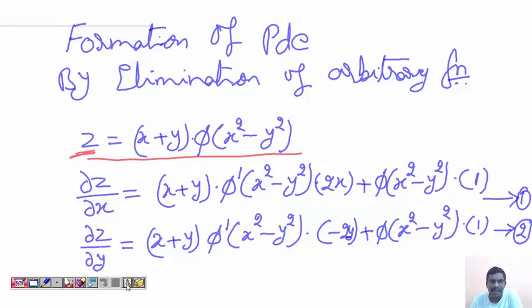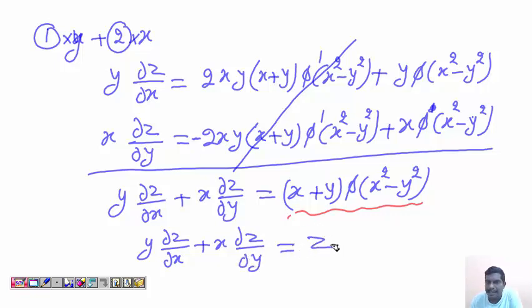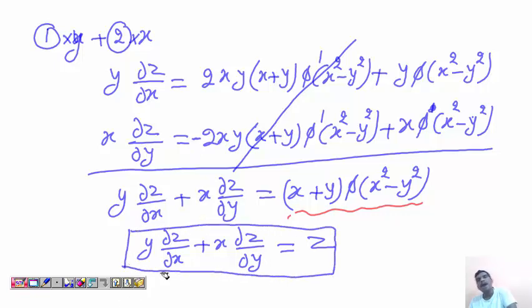If I replace it, this is y into dou z by dou x plus x into dou z by dou y, which is equal to z. And this is our required partial differential equation after elimination of the arbitrary function phi of x square minus y square.